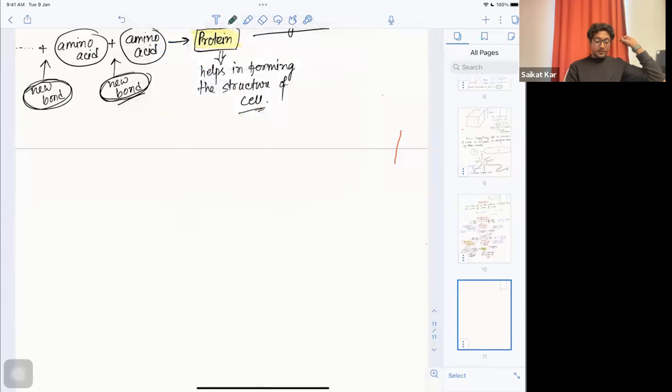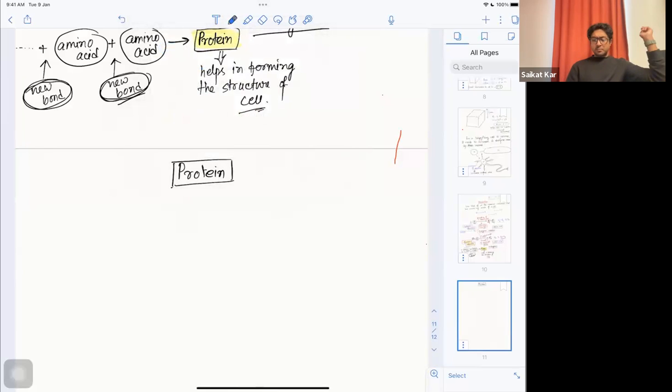So we need to understand protein, and this will be a topic of biomolecules. So we are now going into more detailed chapters.